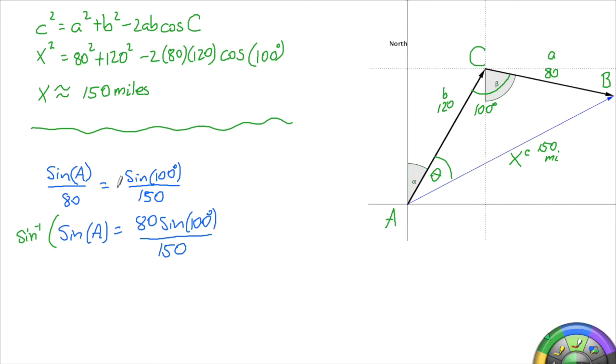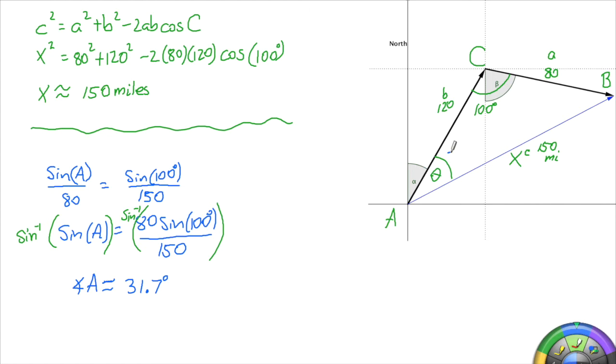So we're guaranteed sine inverse is going to give us the right answer, a first quadrant angle. Okay, so the measure of angle A is approximately 31.7 degrees.